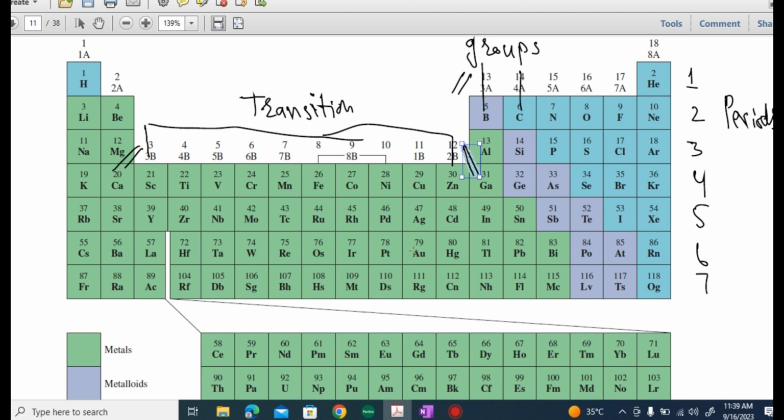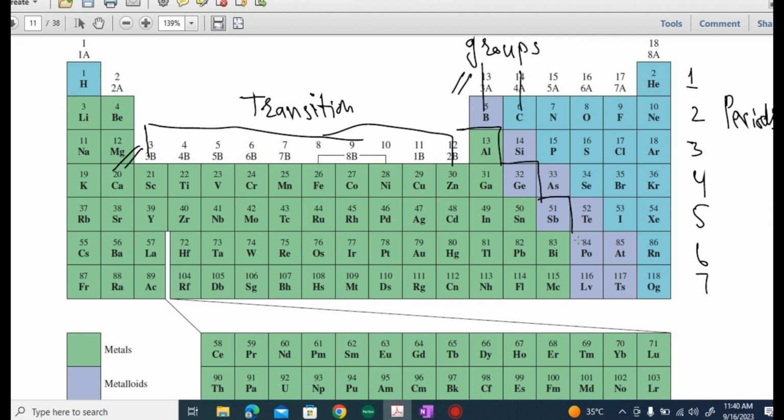Next, we have to divide this periodic table into two main groups. Starting from boron and aluminium, because in your exam you are provided with a blank copy of the periodic table, not the colored one, you have to identify where the metals are and where the non-metals are. So draw a line between boron and aluminium and then extend it like a staircase.